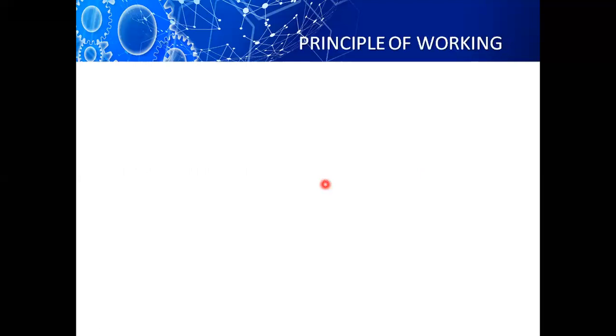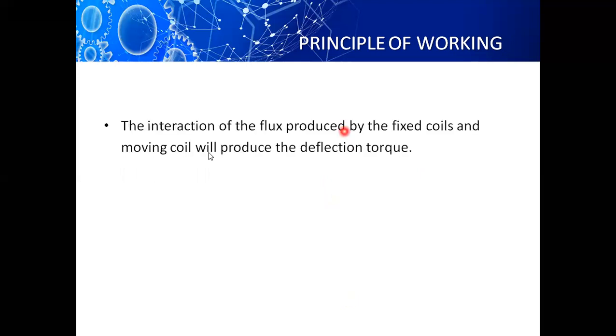Now coming to the working principle of the dynamometer type instrument. How basically does a dynamometer type instrument work? We have two magnetic fields produced. One is the magnetic field produced by the current coil, and the other one is the magnetic field produced by a fixed coil. Fixed coil is current coil. So I should be talking in terms of fixed coil and moving coil as of now.